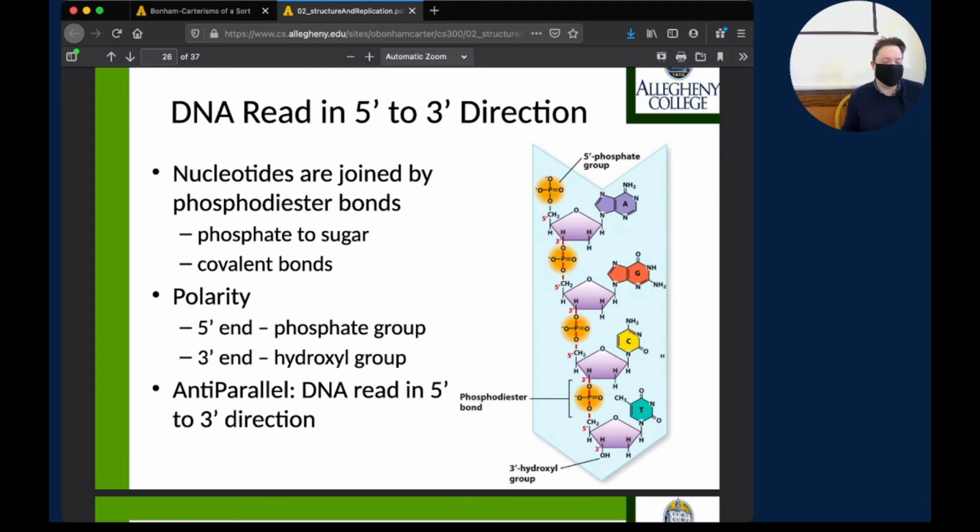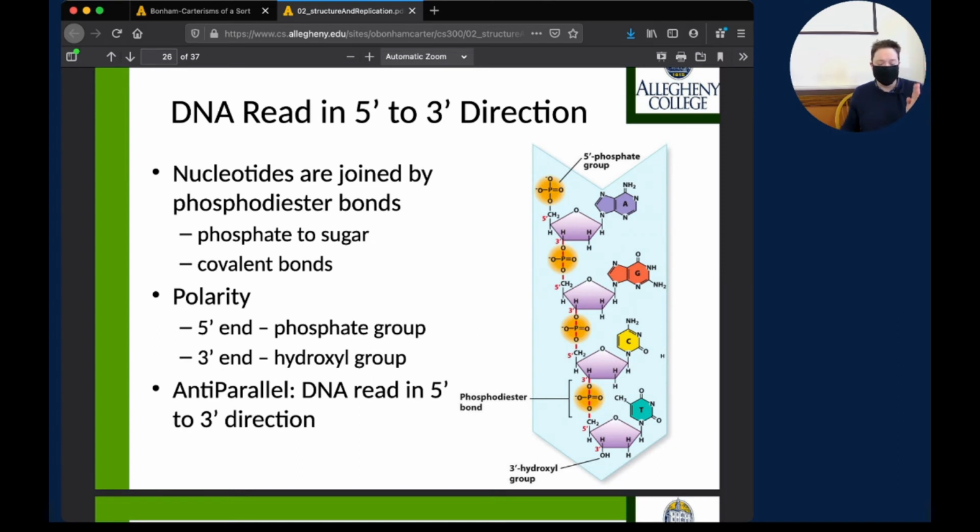If you are reading genes out of this DNA, you would start by saying, okay, my first base is A, then I'd see G, then C, and then T, and I just keep going down, down, down. This is on one of the rungs. On the opposite rung, you would be going up, up, up, because again, you can only move in the 5' to 3' direction.